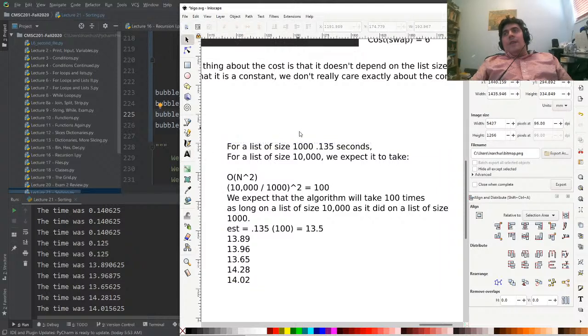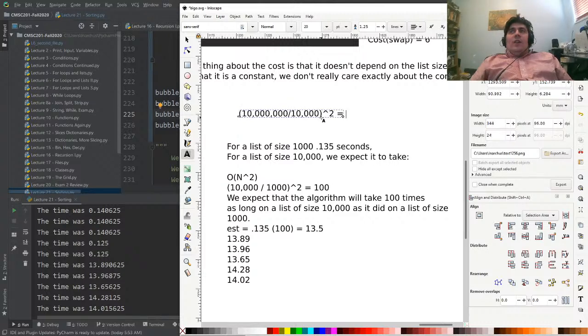For instance, if you were going to run this on a list of size, say, 10 million, and we know that the average is approximately 14 seconds on a list of size 10,000, and we divided this by 10,000 and then squared it, what would we get? Let's calculate.